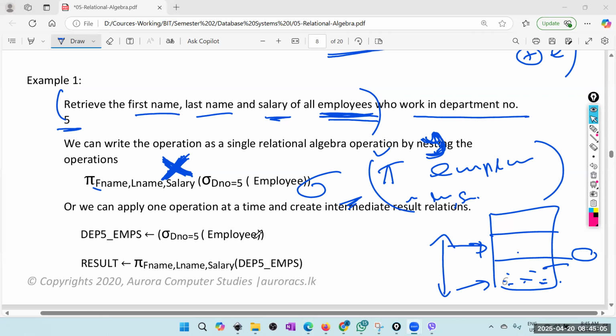X, because it retrieves the first name, last name, salary of the employee table, which is select. Of course, you explain what you are doing. But you don't justify, right? You just explain what this query is.